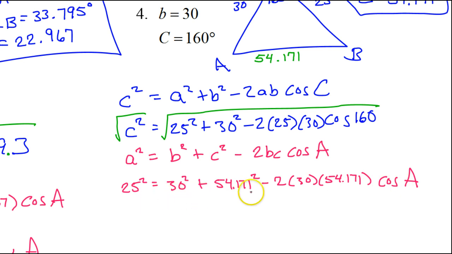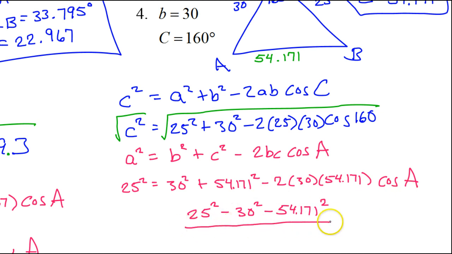So if I subtract these two, then that is going to give me 25 squared minus 30 squared minus 54.171 squared. Now if I divide by everything in front of cosine A, that will look like this, all over negative 2 times 30 times 54.171.